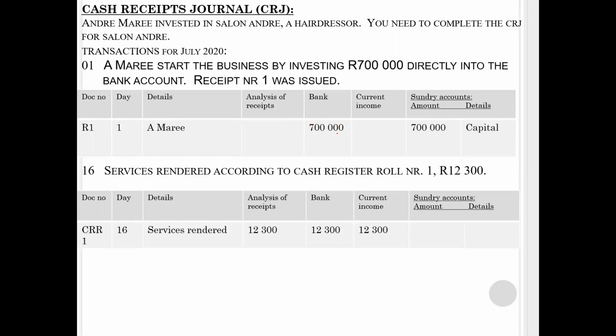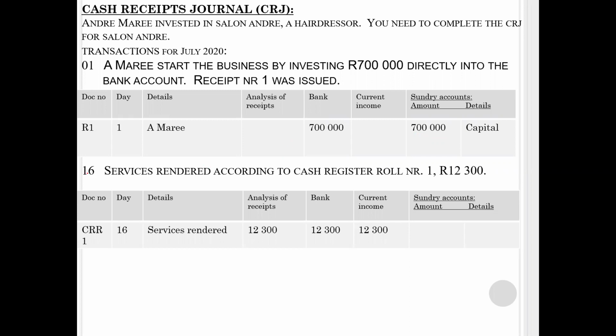So it's going directly to bank and not with analysis of receipts. If the amount was deposited at the business, then it must go to analysis and then to bank. But here, the words directly into the bank account are your keyword, so it goes directly to the bank. And it's a capital transaction. There's not a column at the top for capital, so you take it to sundry accounts, 700,000, and you say what it is for: capital.